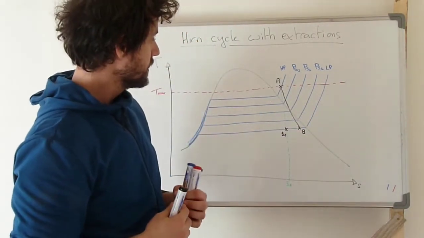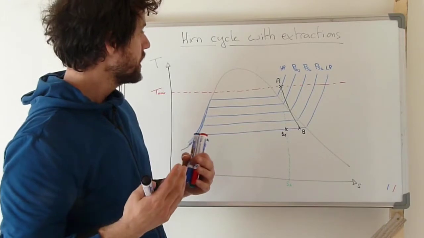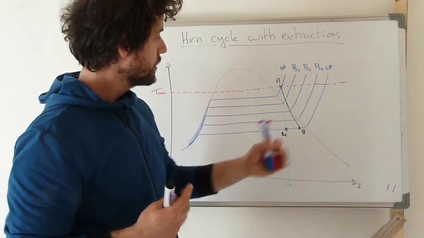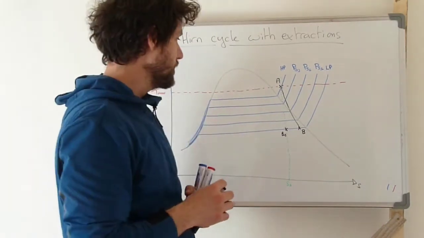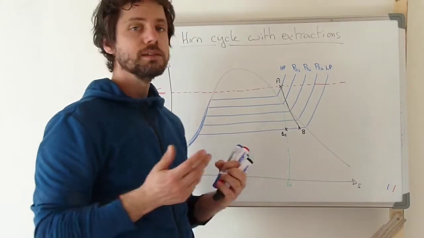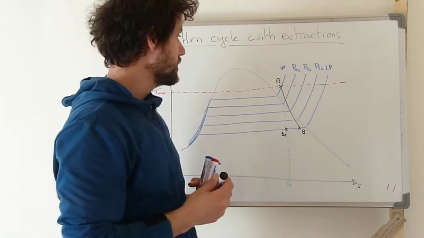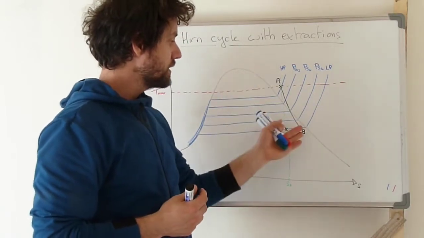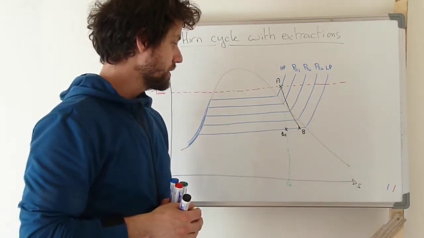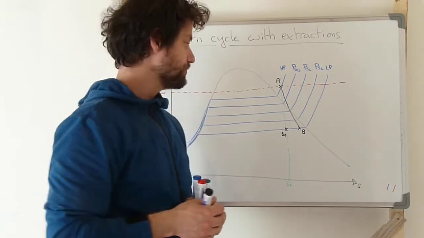a line that will directly connect point A and point B to estimate what is taking place during the expansion from the inlet to the outlet of the turbine.